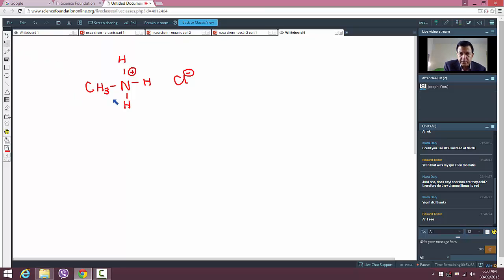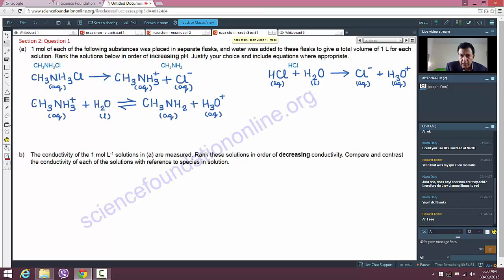So you'll end up with CH3NH3 1+, Cl minus. Look at it over here: CH3NH3 1+, and with the chloride, that will be an ionic salt, CH3NH3 1+ ions and Cl minus ions.